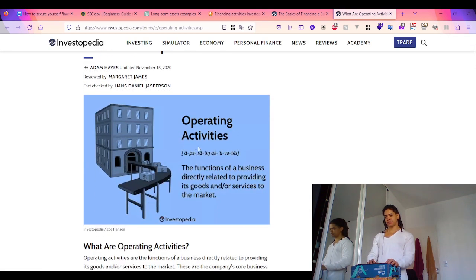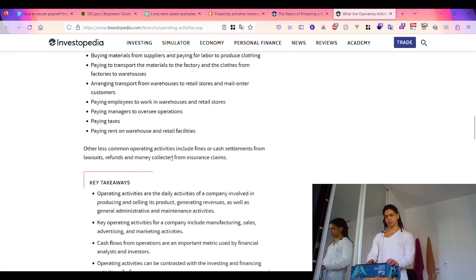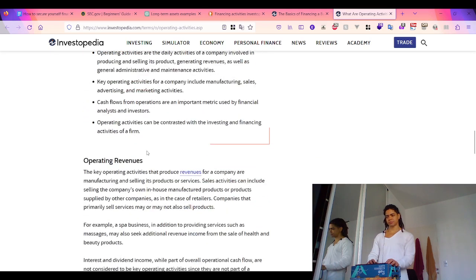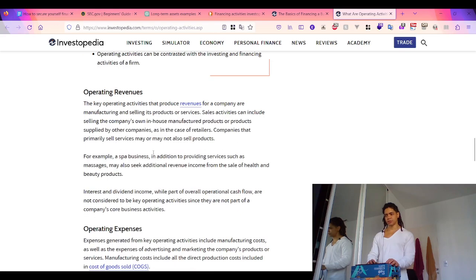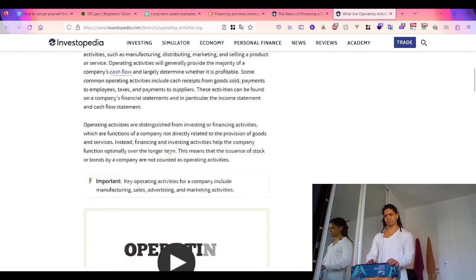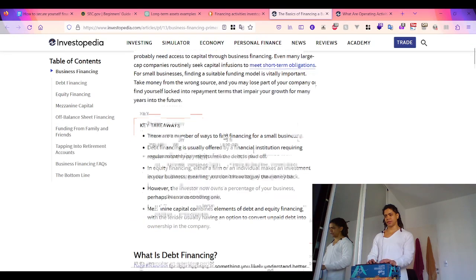The function of a business directly related to providing its goods and services to the market: operating revenue and operating expense. So the other is the basics of financing a business.